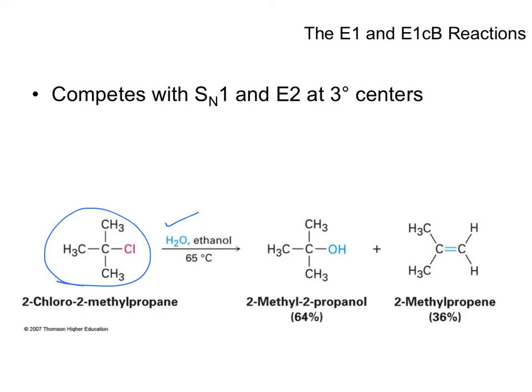So you are going to see essentially both of those possibilities, that the substitution and the elimination will take place. And that's what you're seeing. You have the substitution and you have the elimination that takes place in this particular case.